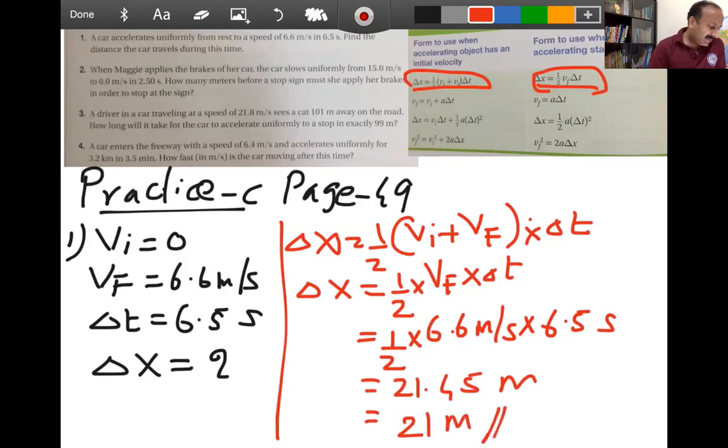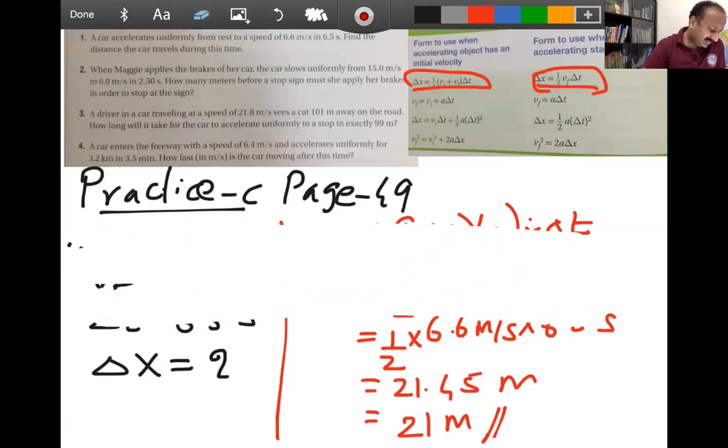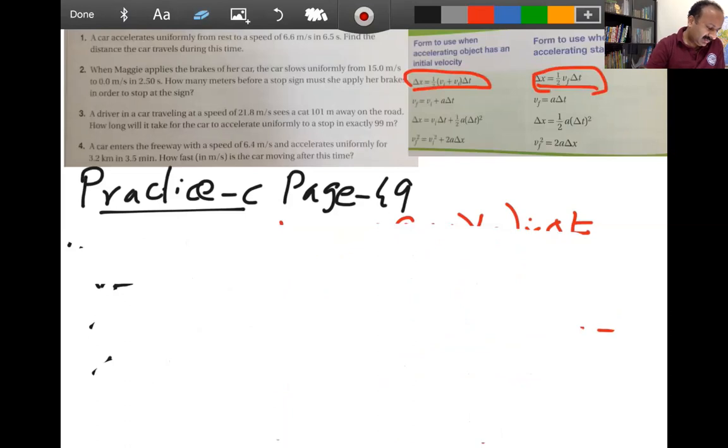Now you may look at question number 2. When Maggie applies the brakes of her car, the car slows uniformly from 15 meter per second to 0 meter per second in 2.5 seconds.